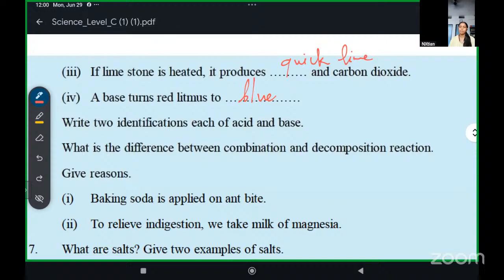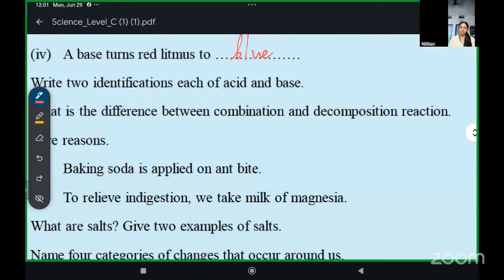Yes, that's correct, Hannah. Now, one more property you can mention in bases is that they are soapy in texture. Bases have a soapy texture. Most of the bases such as baking soda, detergents and soaps are all soapy in texture. That's one more identification.